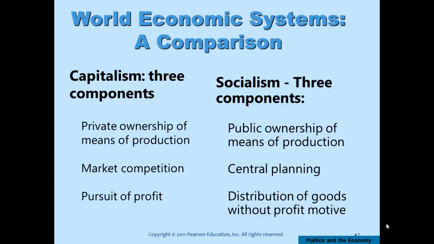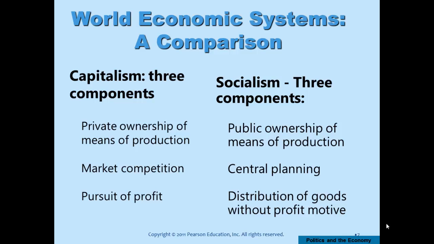Now, when you look at the components of these two different economic systems, capitalism has private ownership of the means of production, socialism has public ownership, that is generally government ownership, of the means of production. Market competition is the style of how decisions are made in capitalism. If the consumer buys a product, then the producers will make more.